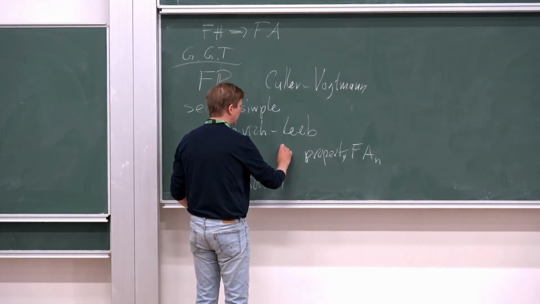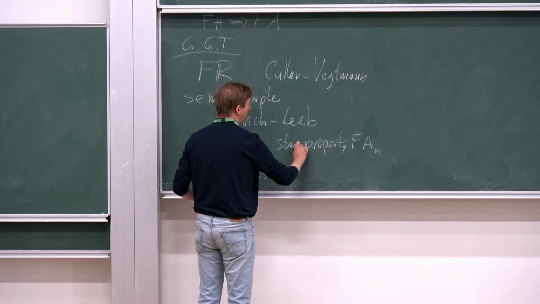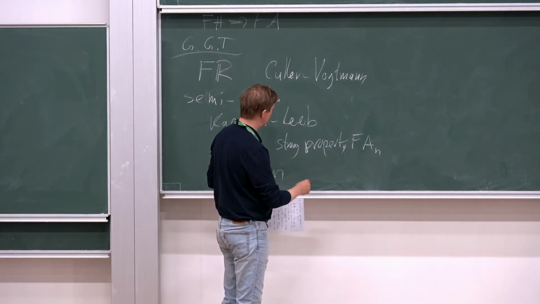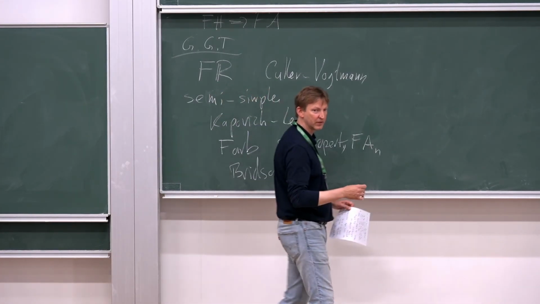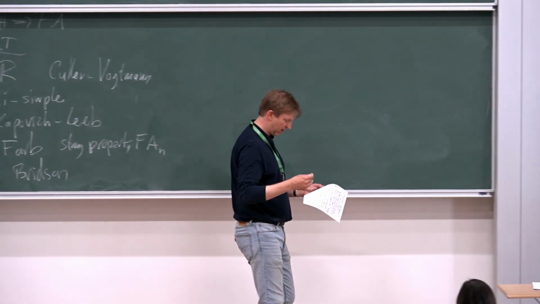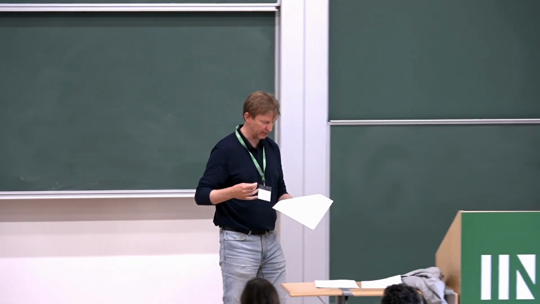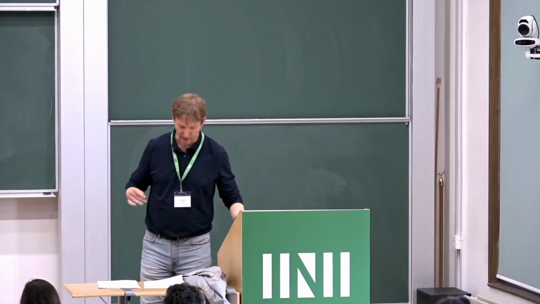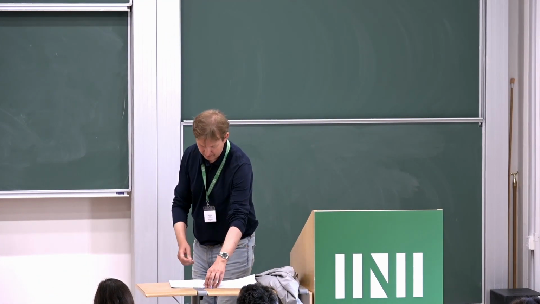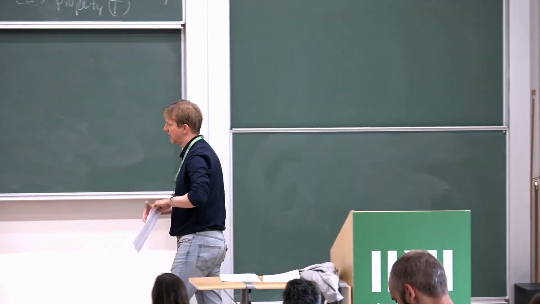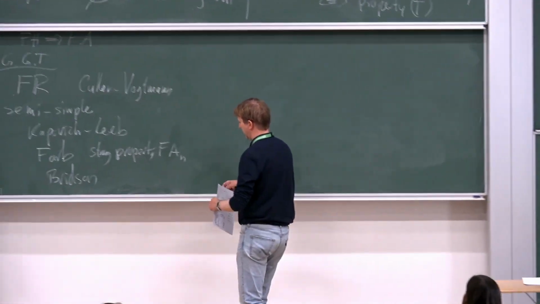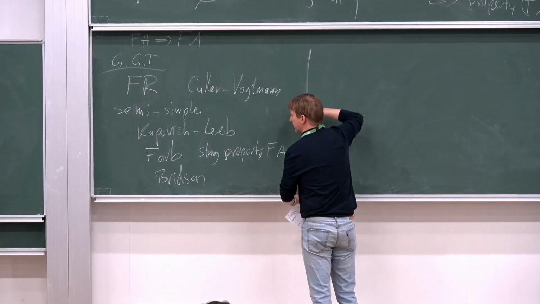One can then consider a strong property FA_n, meaning acting on CAT(0) spaces of dimension n, only allowing semi-simple actions, so no parabolic isometries. So that's just some context, I don't know if it's called history.